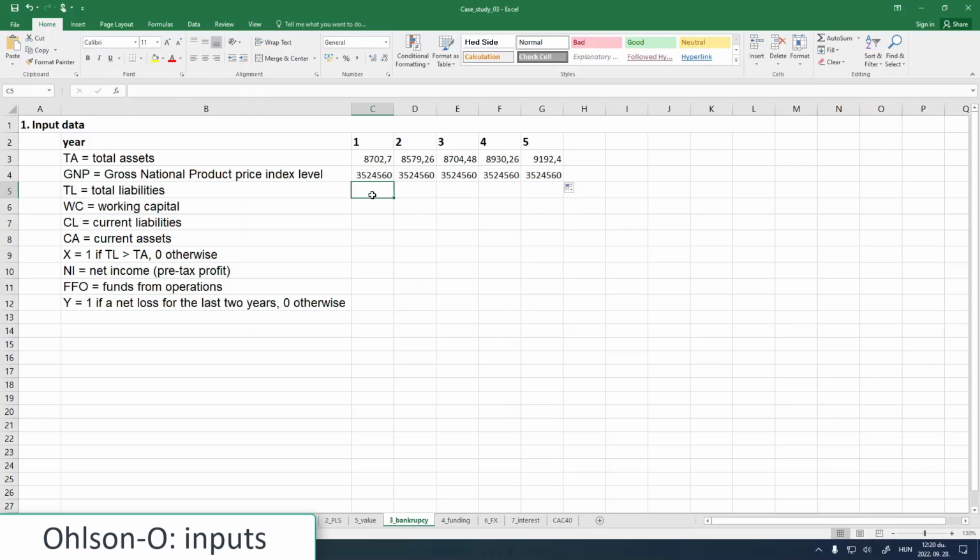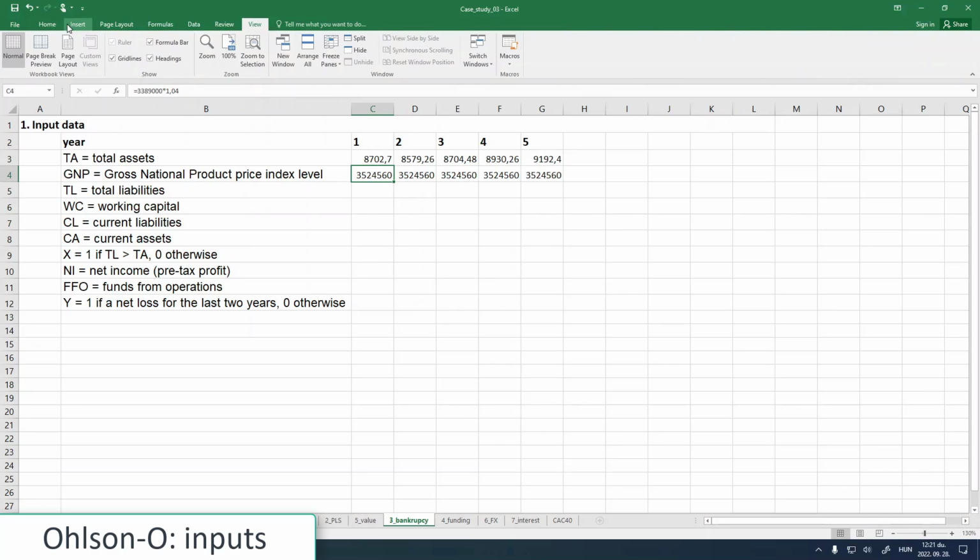Then we need total liabilities. So let's go back to the profit and loss statement sheet. It will be really good because we still need to weigh additional, because it was milliard.